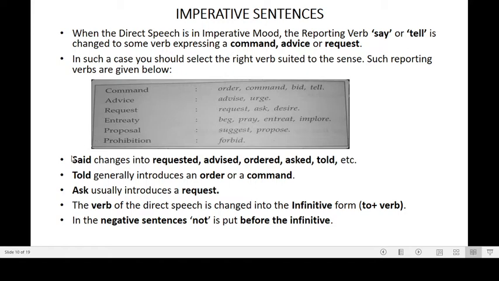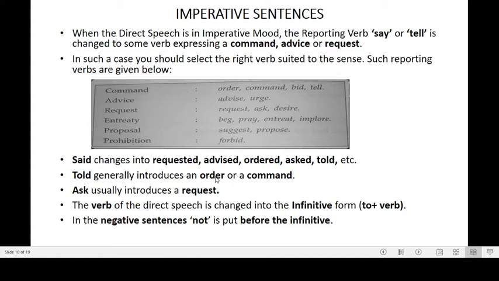But here we use different types of reporting verbs. We use reporting verbs such as requested, advised, ordered, asked, told, etc. And "said" changes into requested, advised, ordered, asked, told, etc. And "told" generally introduces an order or a command.